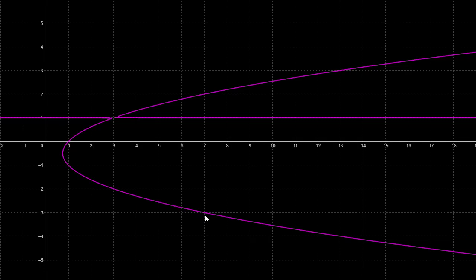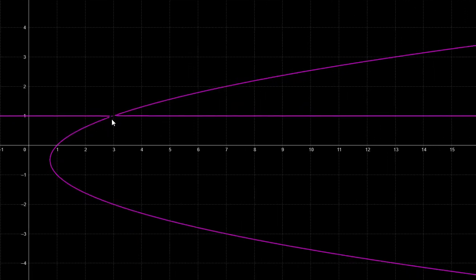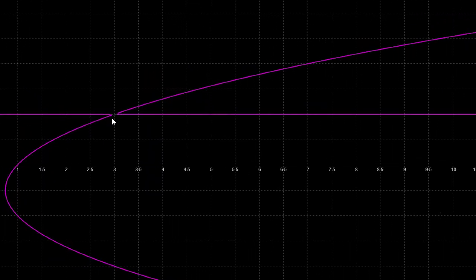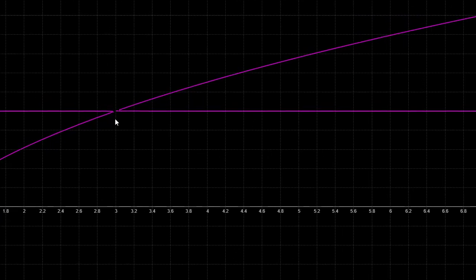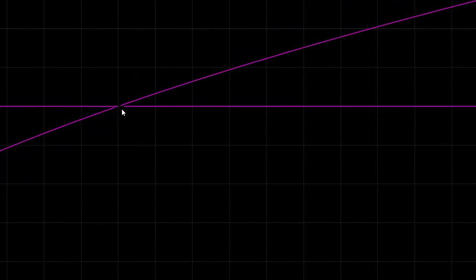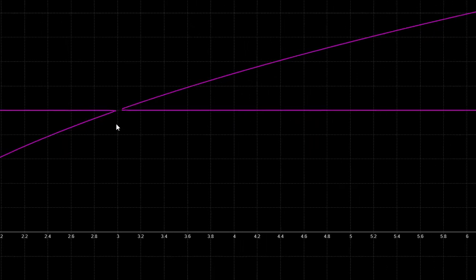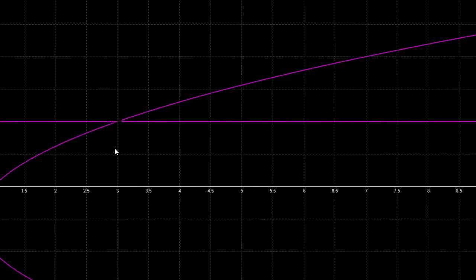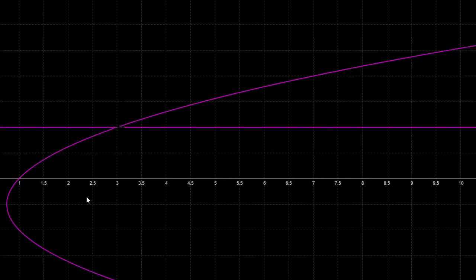Or if we plug in 7, 3, 3, 1 would be an interesting problem here, because this is where we get an intersection, right? So what we'll probably find is something very bizarre happening here at 3, 1. So let's give it a shot.